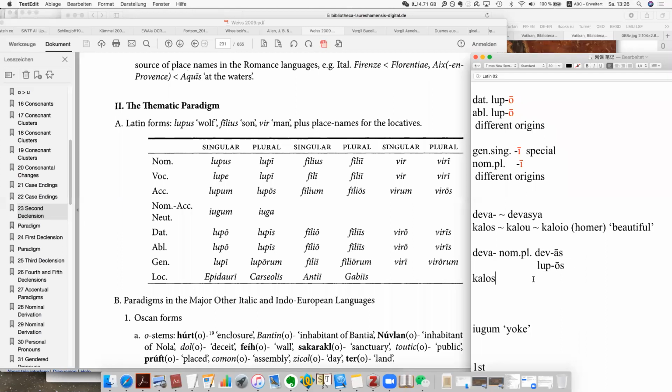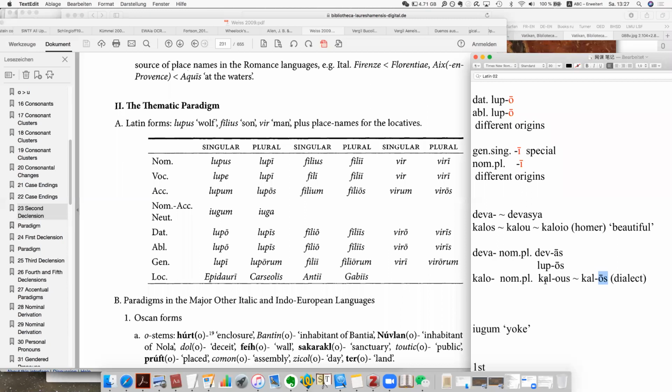And for kalos, the accusative plural is called kalous, right? And in some dialects, I'm not sure if kalos is really attested in that dialect, but I just want to tell you that the ending can look like this.